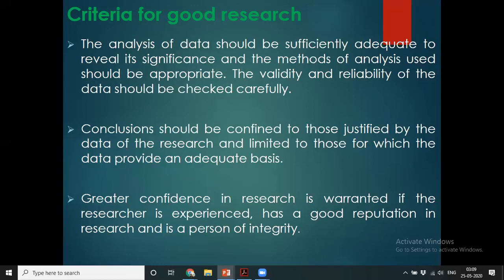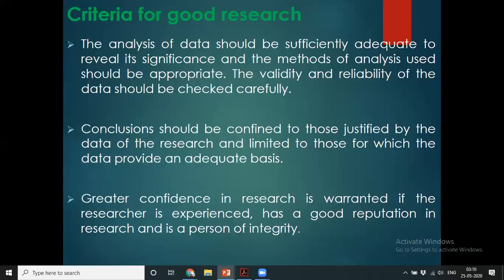Conclusions should be confined to those justified by the data of the research and limited to those for which the data provide an adequate basis. You have to make a proper conclusion from your research work, which will be helpful for other researchers to carry out their work.